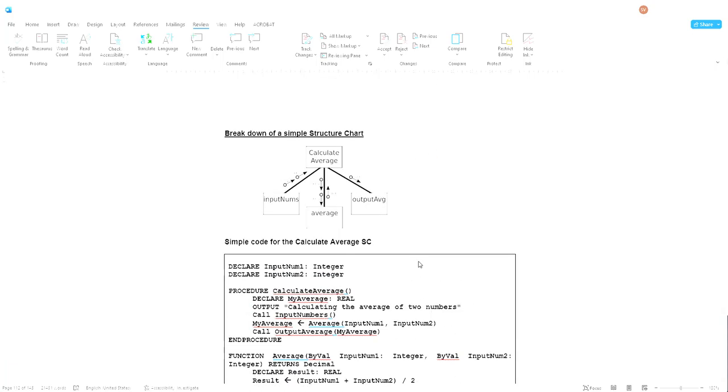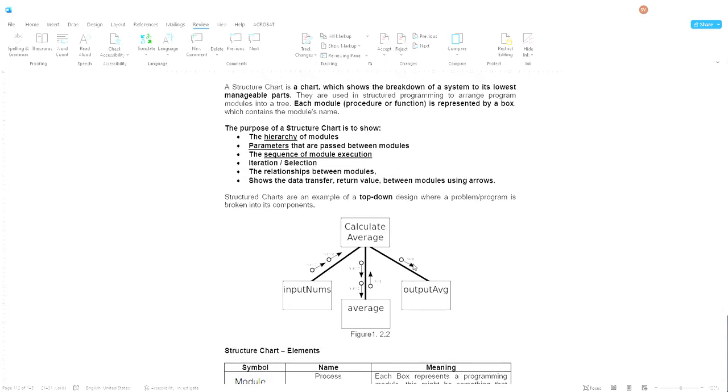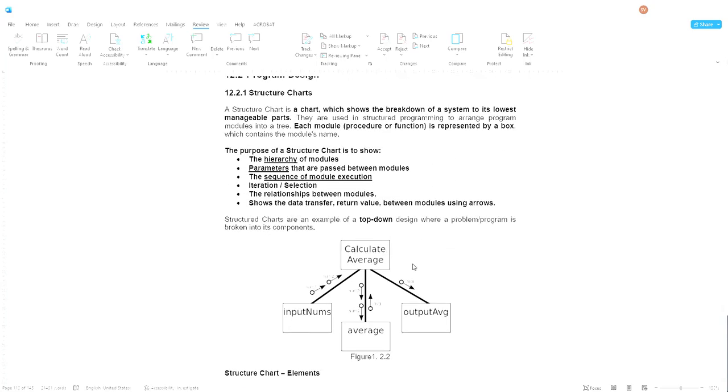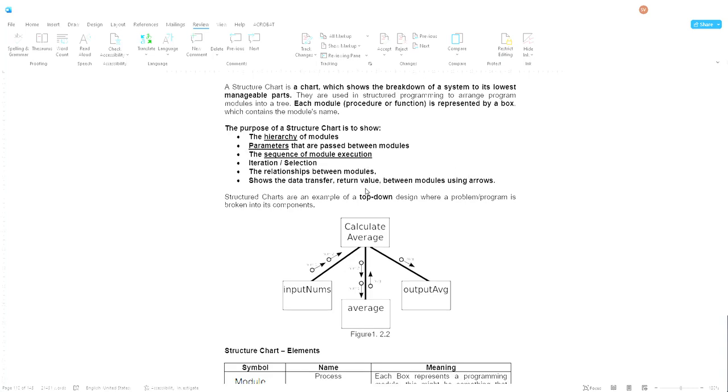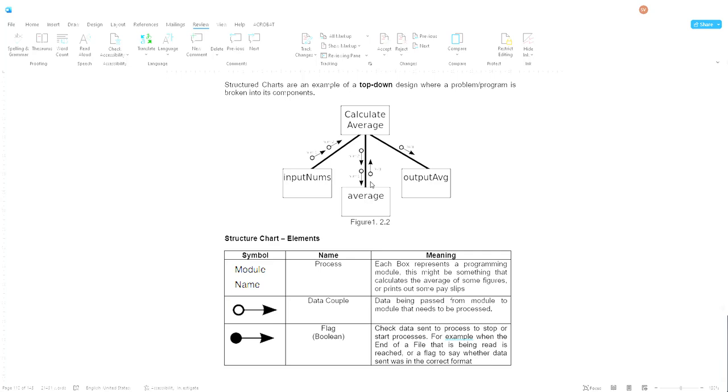Okay, so structure charts are actually quite easy. They look intimidating. When you look at one of these questions, you might feel intimidated about how to actually answer them. And the questions revolving around structure charts are usually practical questions. Before we get into that, we might as well learn a few things about it.